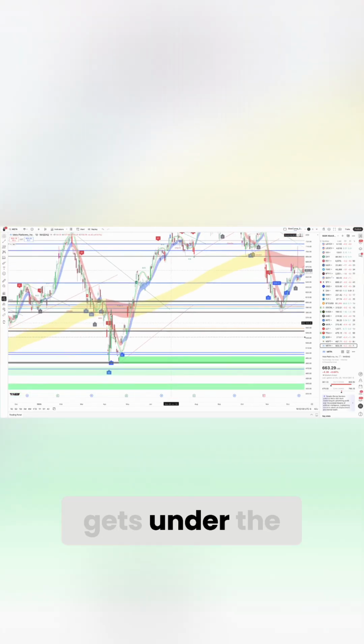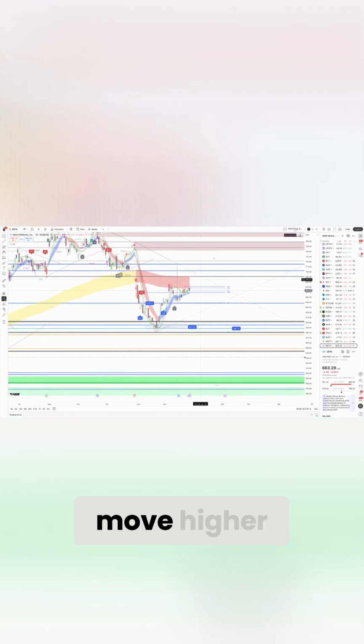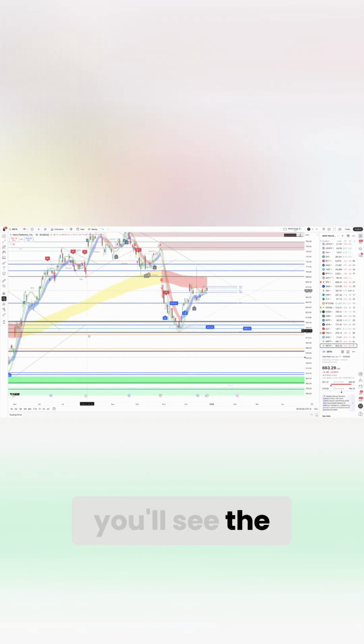Anytime a stock gets under the 200, it's trying its best to get back above the 200 to get back into a bullish trend. And so right now, what we're waiting on, how do we know when Meta is really going to be in a sustained move higher? We'll see this 12 cloud get back above this red cloud. And you'll see this red cloud, this 200 cloud, turn yellow. And then you'll see the same thing that happened here.